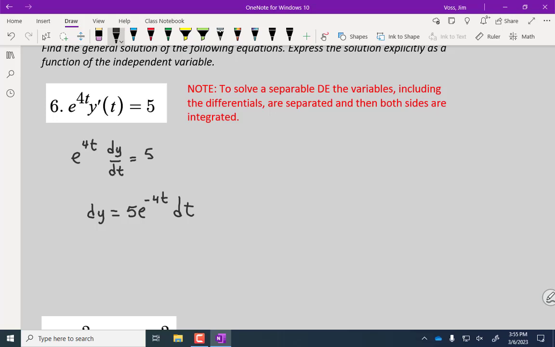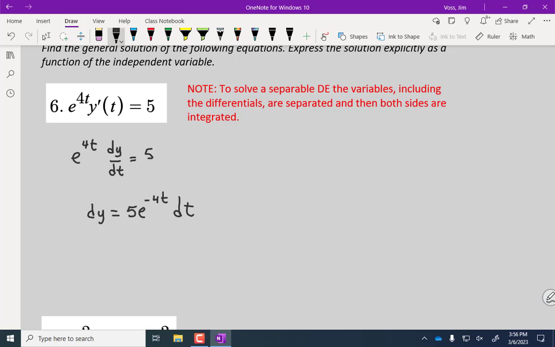Question? The way you move the e to the negative 4t to the other side, would it be the same as if you moved it from the bottom to the top? Yep, it goes through this magic tunnel. When it goes through the magic tunnel, the exponent changes sign, which is exactly what you just said.